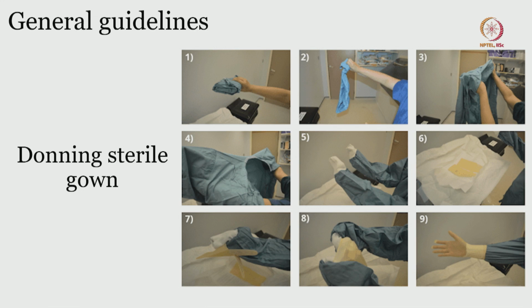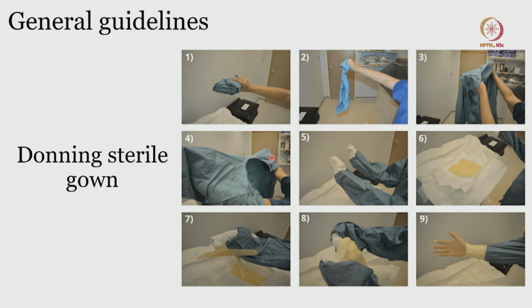So once you finish scrubbing, all the gowns are folded in such a fashion where you can see the inner and outer surface of the gown. The handling of the gown is always done with the inner surface, not the outer surface. Let me point it out for you.